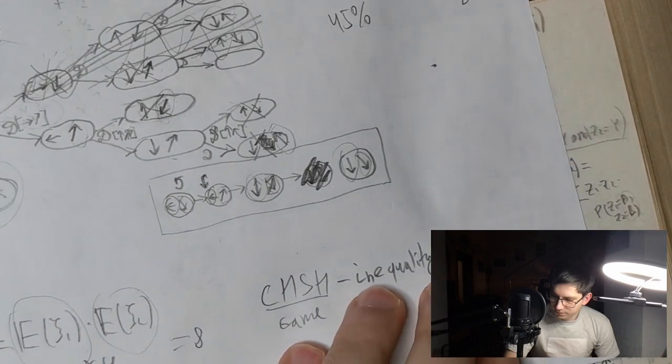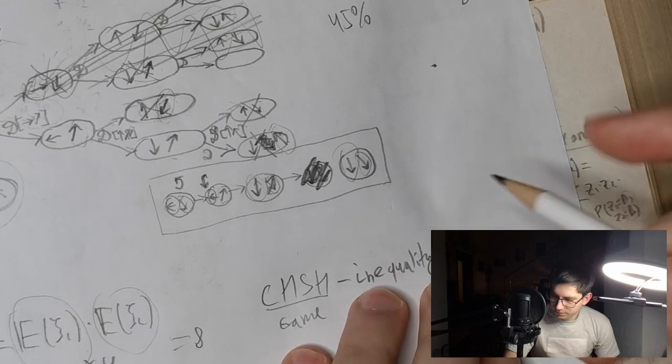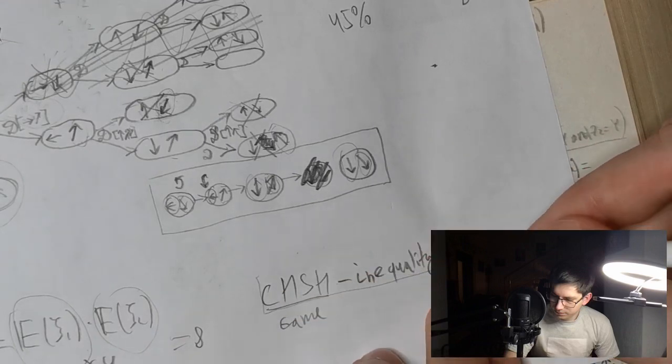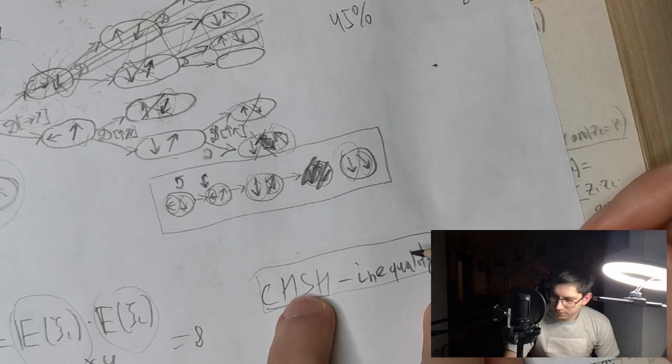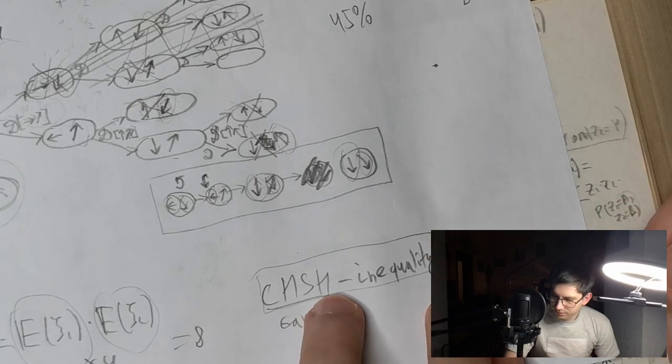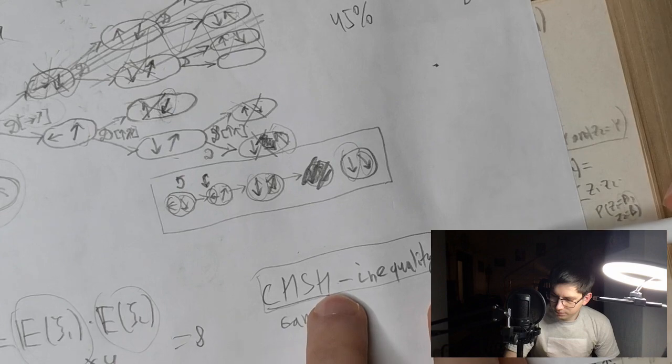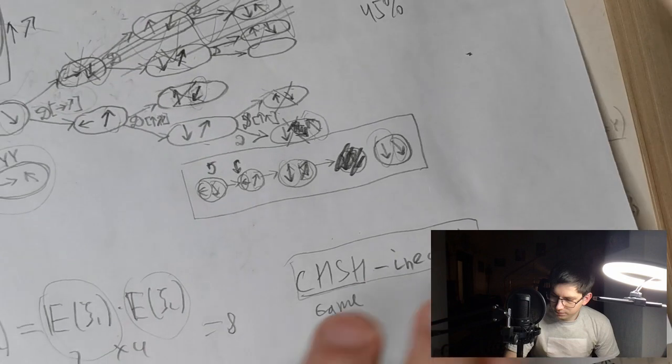I don't remember exactly the exact scene, but all you should know here is that the CHSH inequality was developed to make experiments happen, basically.